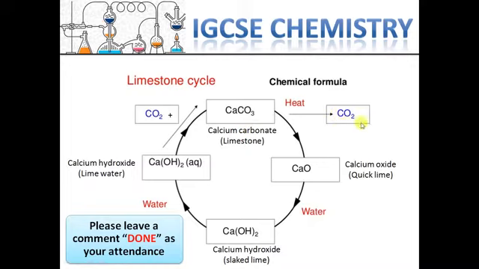The carbon dioxide is released from this compound, then the compound changes to calcium oxide or quicklime. Then it can receive some water, from a lake or from rain. This is happening naturally in the environment. So if quicklime receives water from wherever, it changes to calcium hydroxide, called slaked lime.